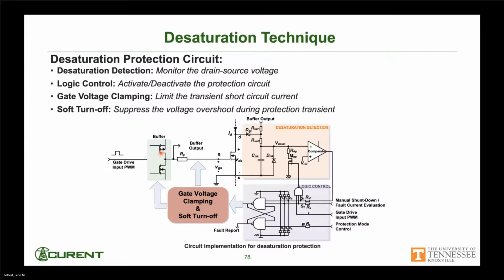Any parasitic inductance that you have, which is the L times di/dt, could lead to an overvoltage in the device. We're worried about current, but you will have an overshoot as you turn that off. If you turn it off too fast, that overshoot could damage the device. So we have to have what's referred to as a soft turnoff, meaning you don't just immediately interrupt your current, but you clamp your voltage or clamp your current and then let it turn off over some period of time.